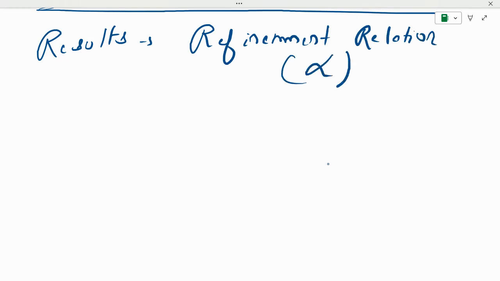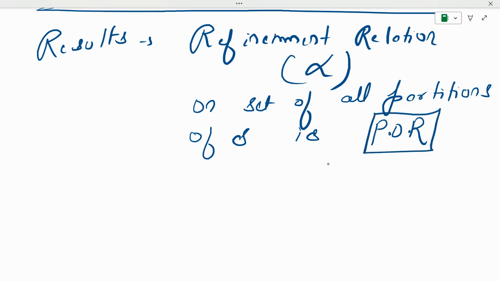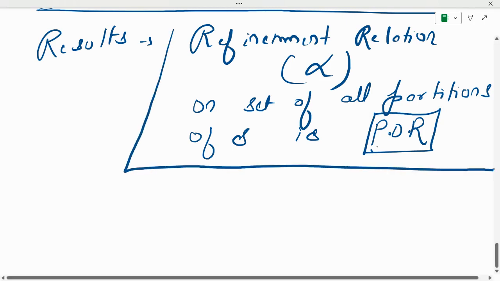Based on that, we can get some results. The refinement relation, defined as alpha on the set of all partitions of S, is called a POSET.